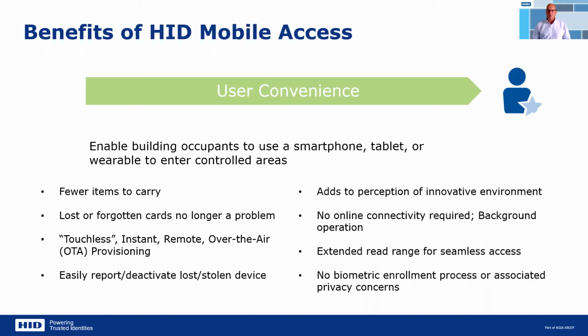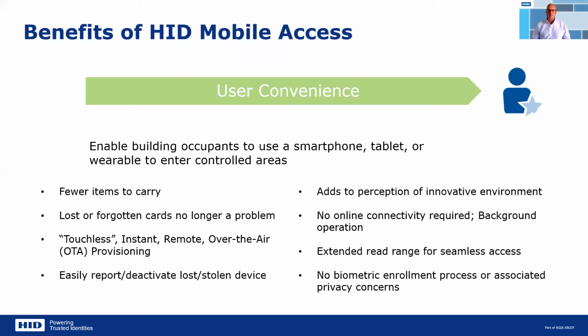So let me touch briefly on the benefits of HID mobile access solutions. First, the big part is user convenience. We know the access control system, like any security, is just bothersome. It's just creating obstacles, and users don't like things that create obstacles.